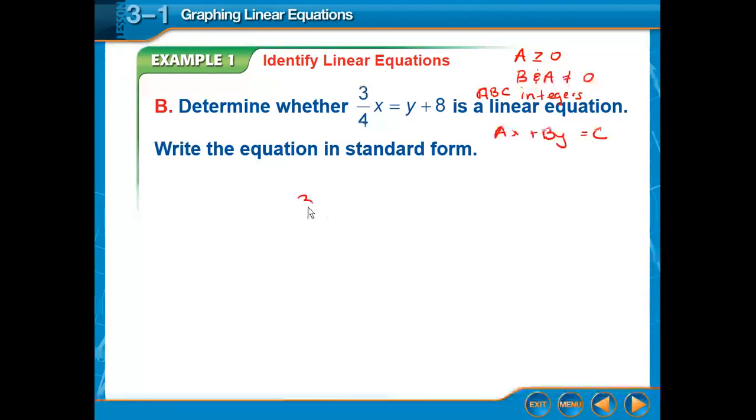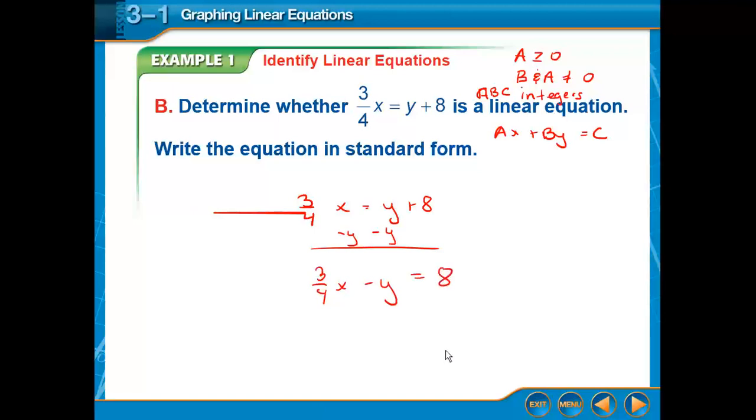So if we have 3 over 4 x equals y plus 8, standard form has the variables on the same side. I want to get this y to the other side, so I'm going to subtract y from both sides. So I get 3 over 4 x minus y equals 8. A is positive, which is good. A and b are not both 0, that's good. But a, b, and c are not all integers. This 3/4 is not an integer.